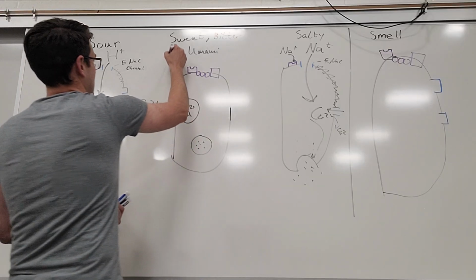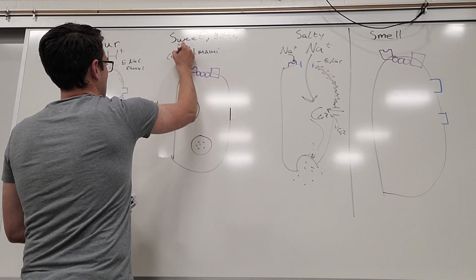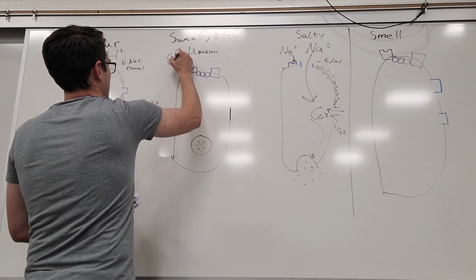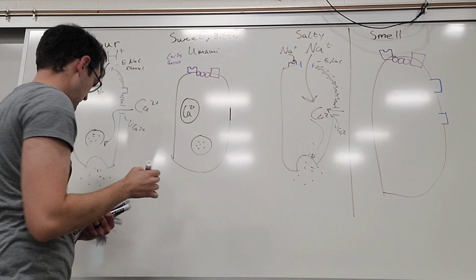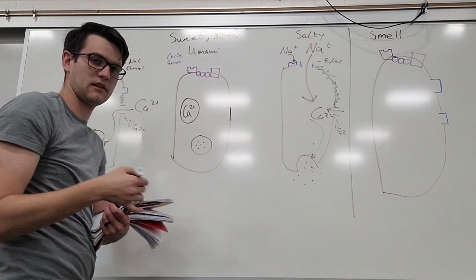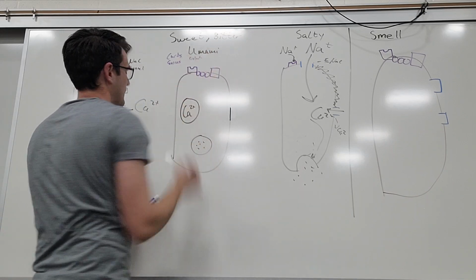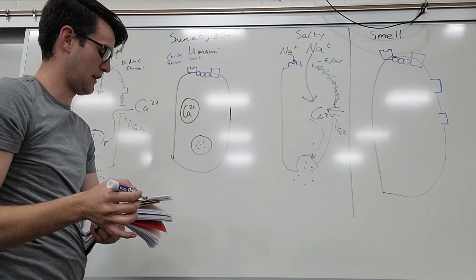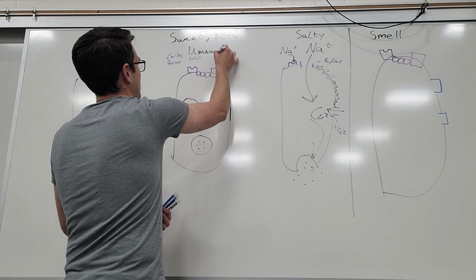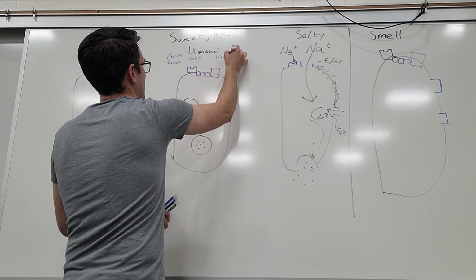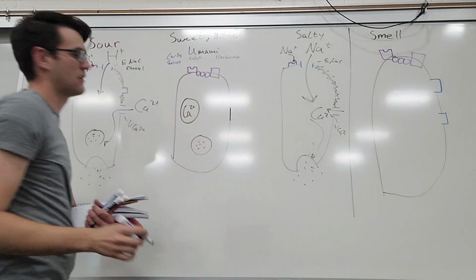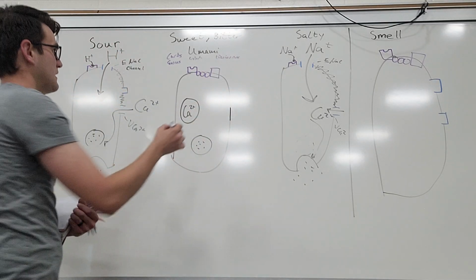For sweet, it's carbs or sucrose. For umami, it's things like glutamate, we're just going to put glut. And for bitter, it's something called quinones. So different stimuli for those different tastes.